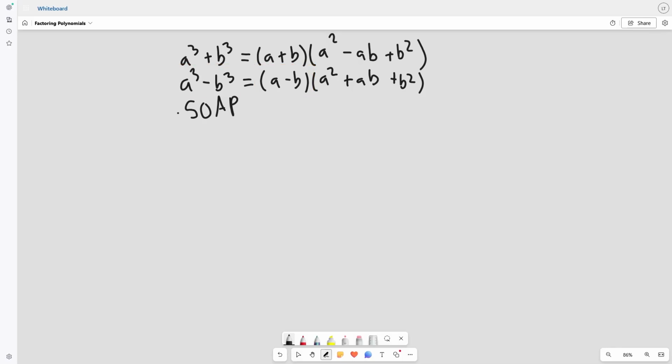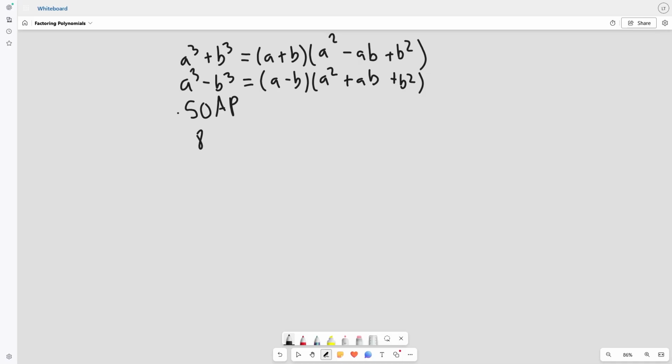And then we have the opposite sign on the ab. And then the last signs are always positive. Same, opposite, always positive. And that's just a good way to remember the sum and difference of cubes and what format it takes. Let's look at an example here.